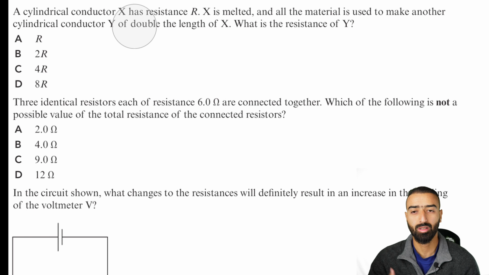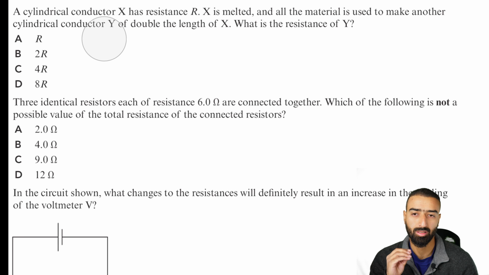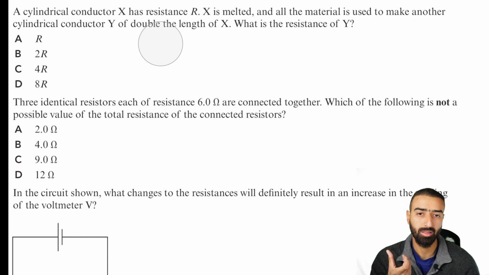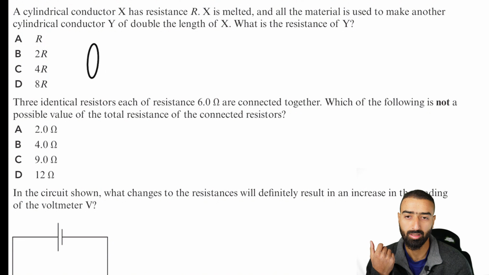A cylindrical conductor X has resistance R. X is melted and all the material is used to make another cylindrical conductor Y, double the length. What's the resistance of Y? So we have a cylindrical conductor.